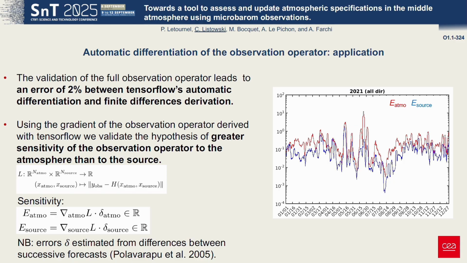But then the error induced by the neural network is also included within the whole cost function, which is minimized through the matrices that are used within the minimization of J, of the cost function. So all the errors are included within the process.